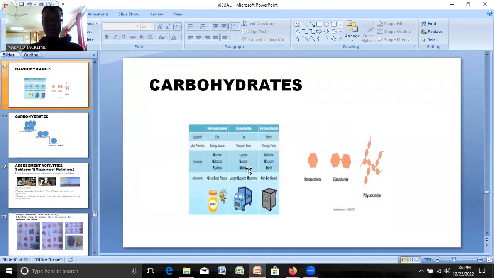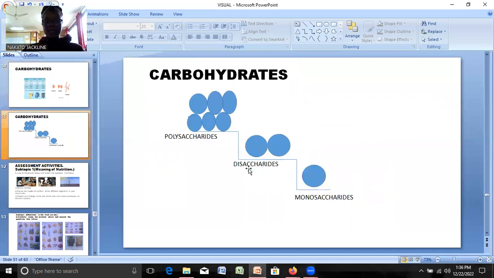As we see, we start from monosaccharides. When we add one molecule, it forms disaccharides, and if we add very many, two or more, it forms a polysaccharide.